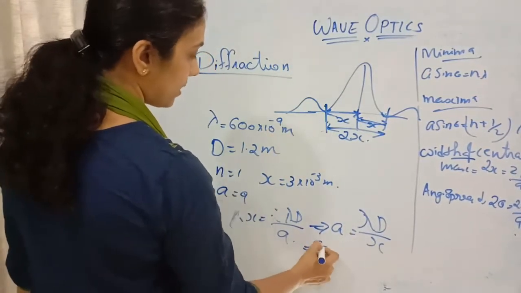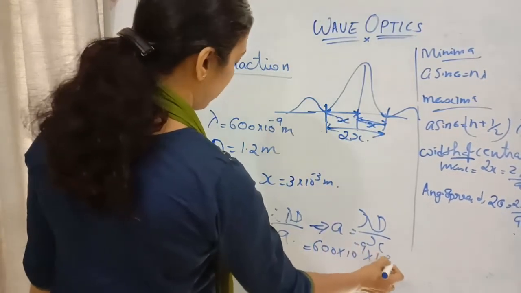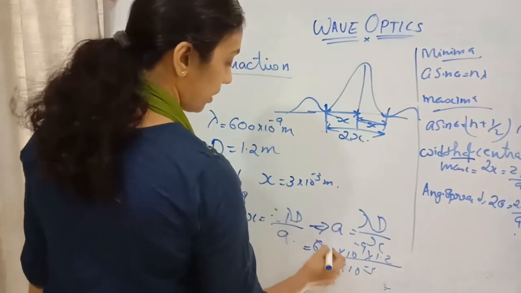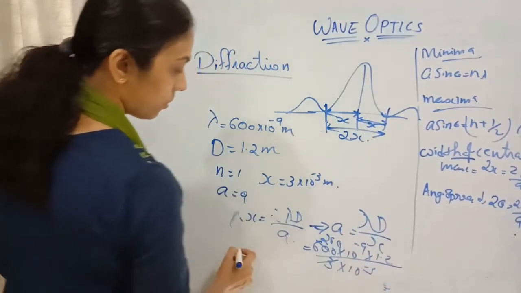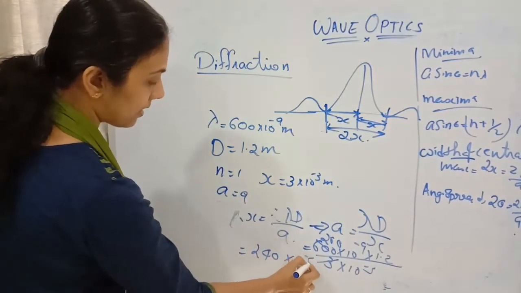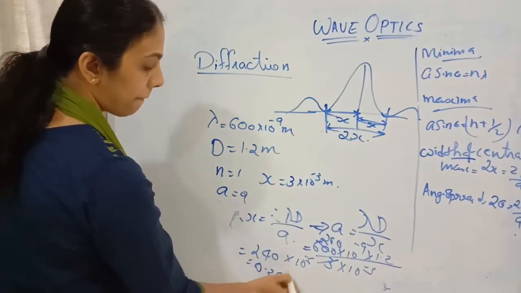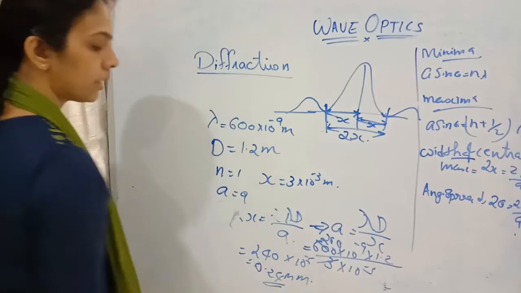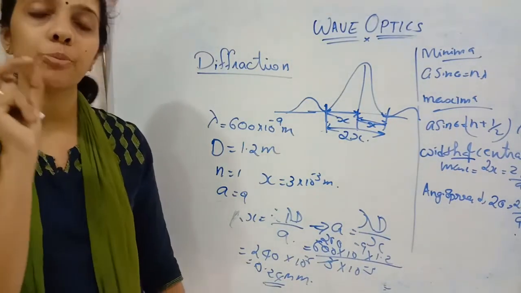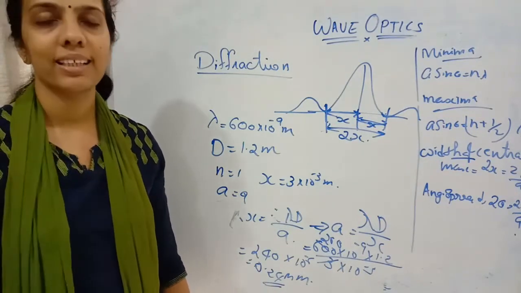So 600 into 10 to the power minus 9 into 1.2 divided by 3 into 10 to the power minus 3, which gives 240 into 10 to the power minus 6, or we can write it as 0.24 millimeter. This will be the value of the slit width. Only if the slit is that small will the diffraction pattern be clearly visible.